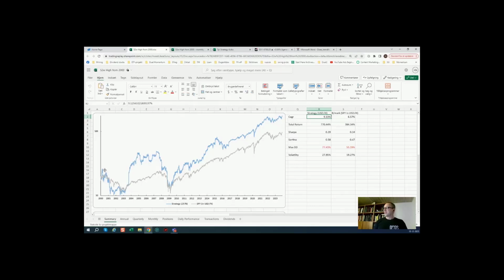And as you can see, both the market and the strategy are extremely volatile here in the beginning, with some big runs up and some massive drawdowns. You can also see that the difference between 9 and 6.5% over 23 years is actually that you get 684% here and 770% here. Klaus, you think 9% is enough?